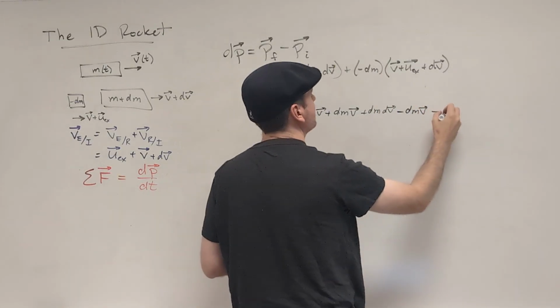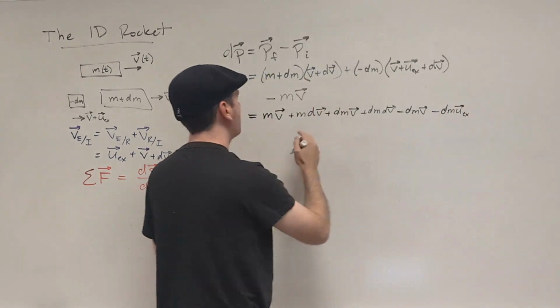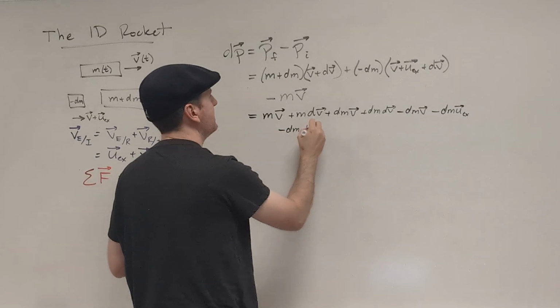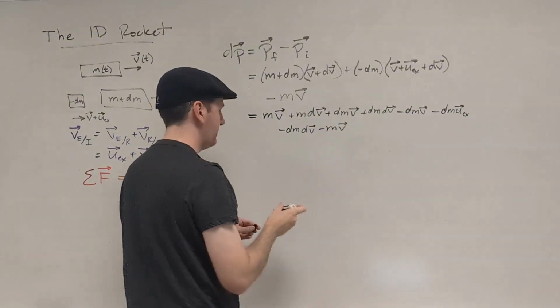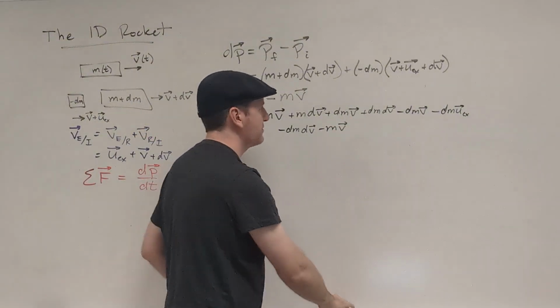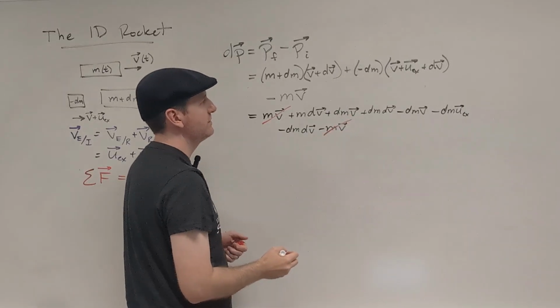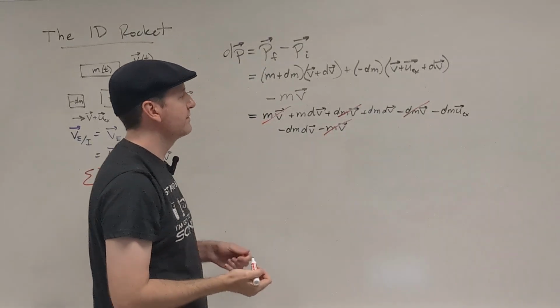I'll have a minus dm times the exhaust velocity. Got to go on to the next line here. Minus dm dv, and then minus mv. Okay, so that just comes from expanding. We notice that this mv and this mv cancel. This dm v and this minus dm v cancel.